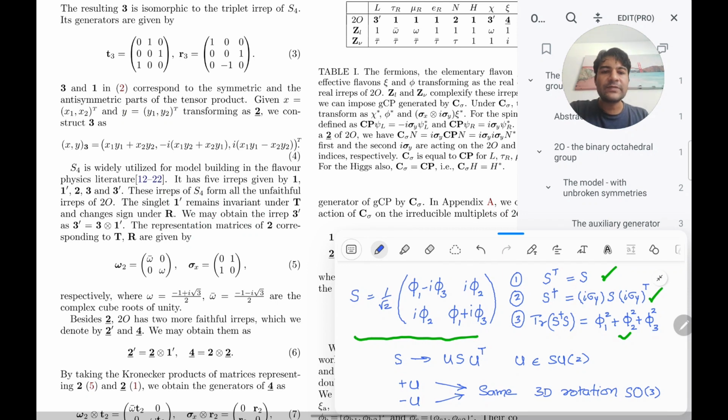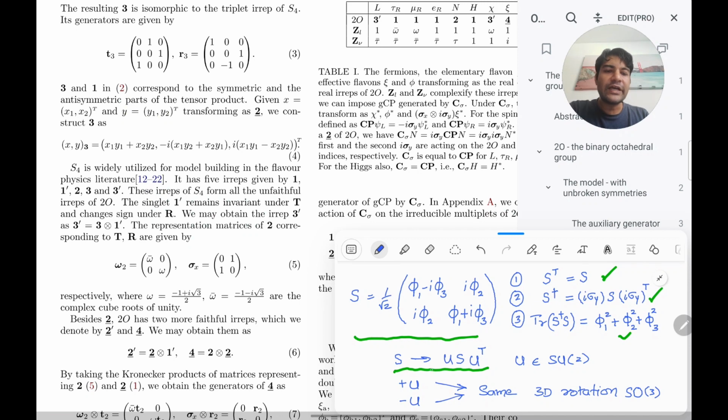So these relationships are there, and then on this matrix S we apply a unitary transformation, S going to U S U transpose. Earlier it was U dagger for the case of the matrix H. Here for the symmetric matrix, the transformation is given by U S U transpose, where U is an SU(2) matrix.